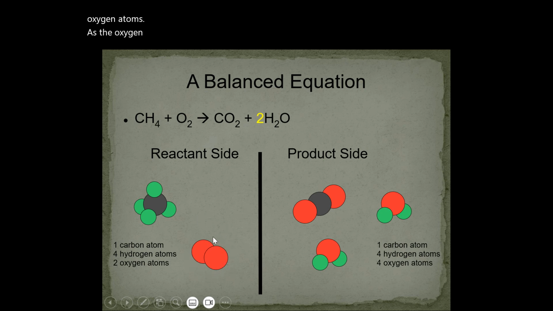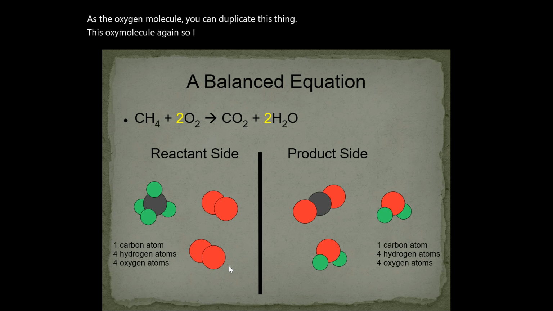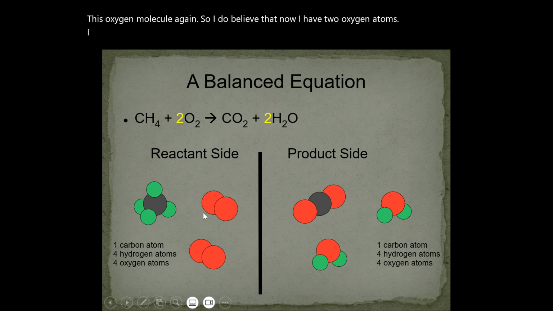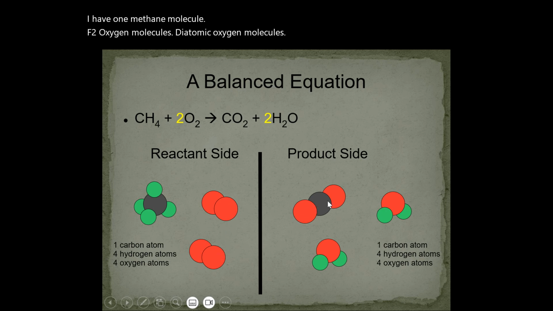I can duplicate this oxygen molecule again, so I do. Now I have two oxygen molecules, diatomic oxygen molecules. I have one methane molecule, one carbon dioxide molecule, and two water molecules.